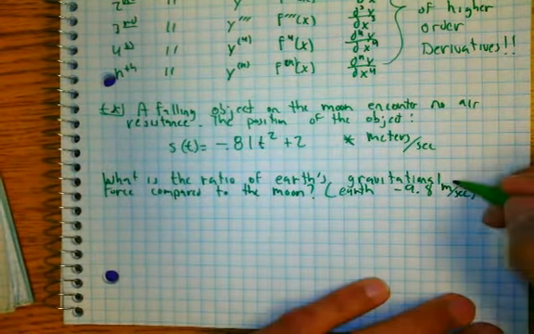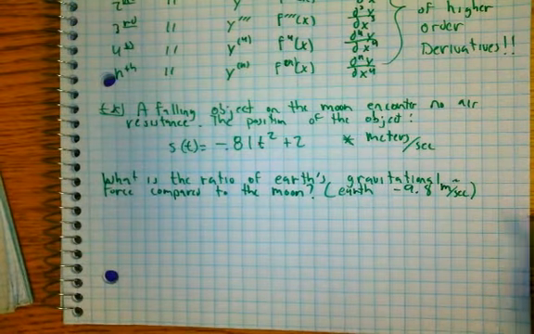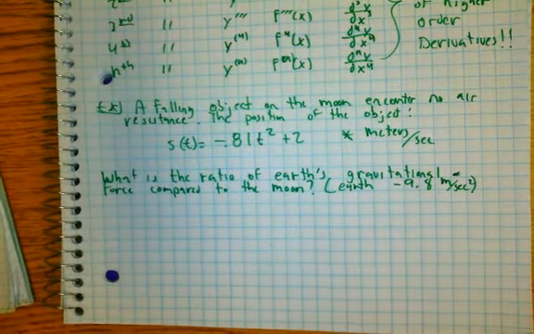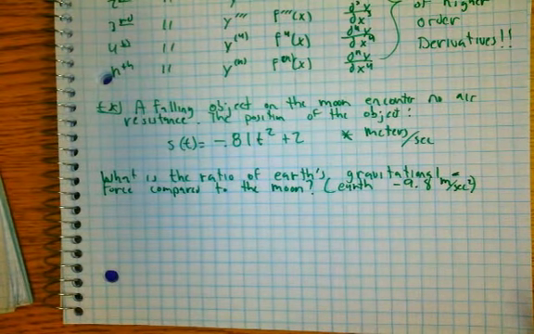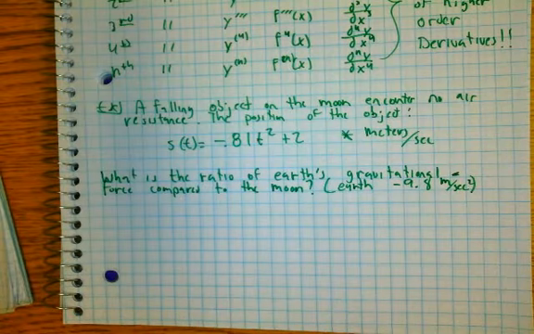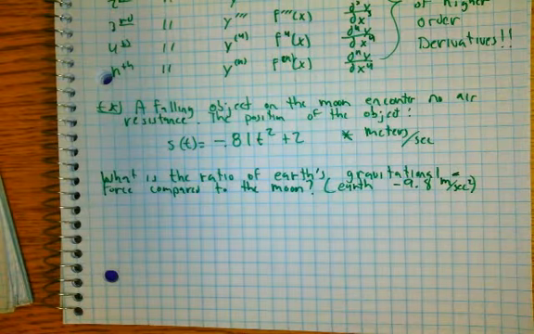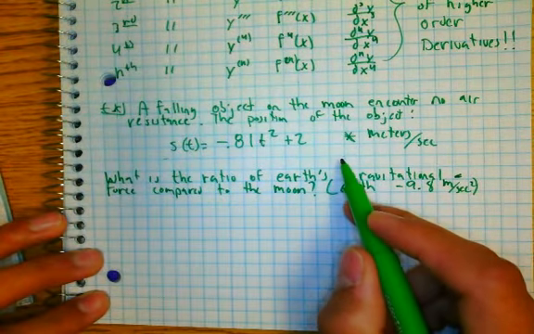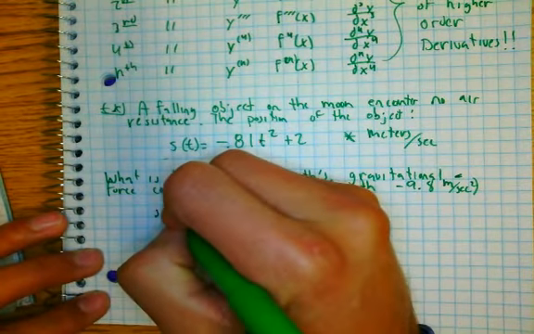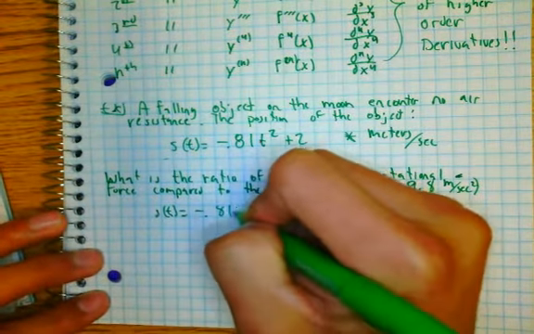So we have the position function, agreed? S of t equals negative 0.81 t squared plus 2. If I take its first derivative, it's going to give you the velocity. So let's take the first derivative. What does it become? Negative 1.62 t. This is the position, and this is the velocity.